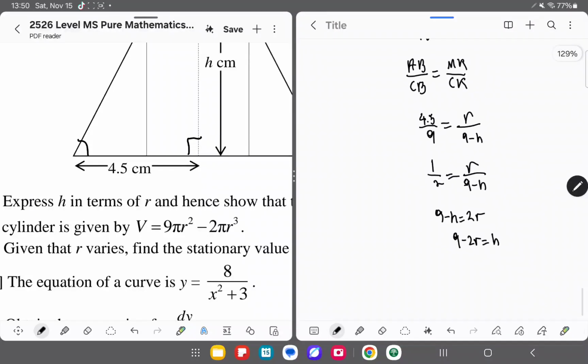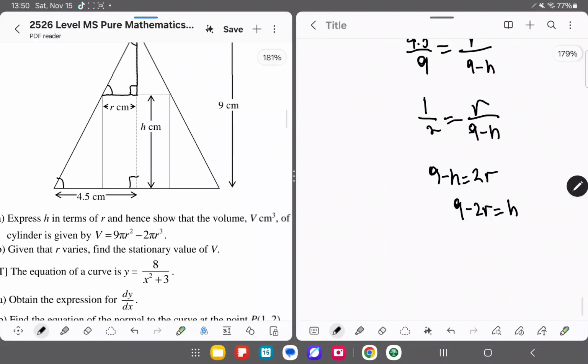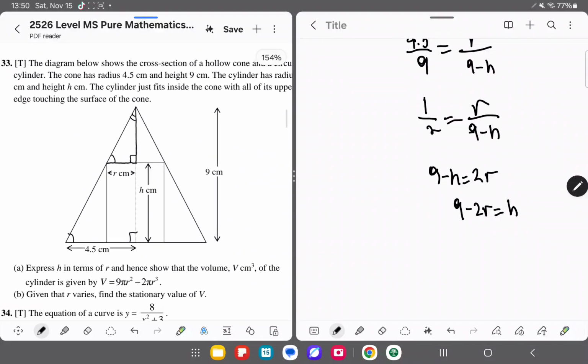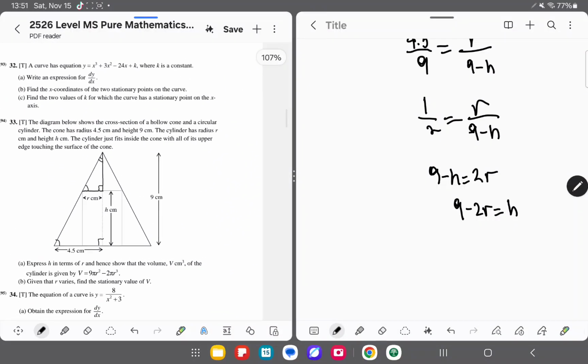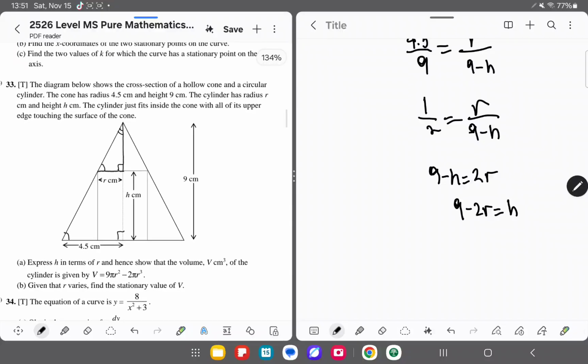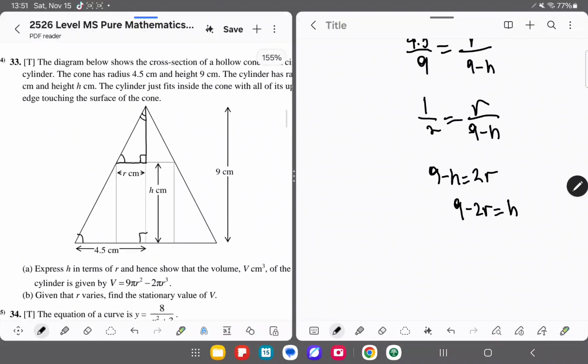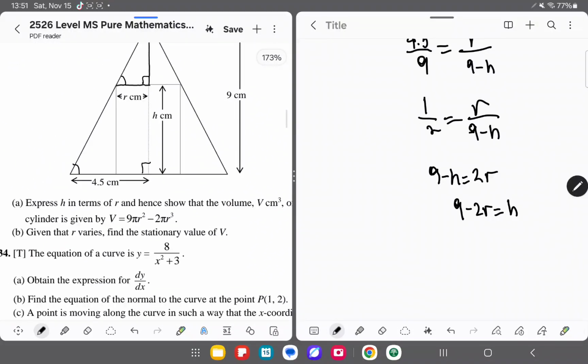And then we have to prove the volume. What is V? What do they mean by V? I'm going to assume V is the volume of the cylinder. Yes, okay, sorry, I didn't read it here.